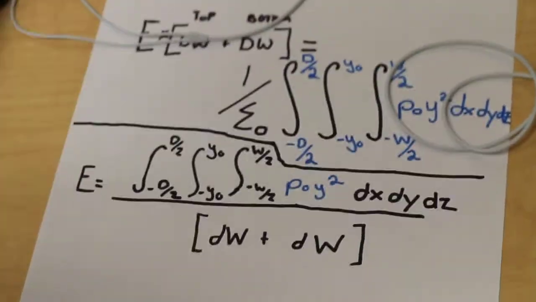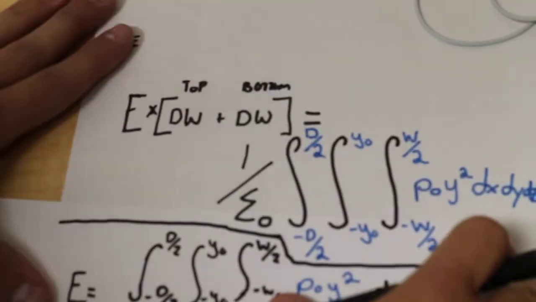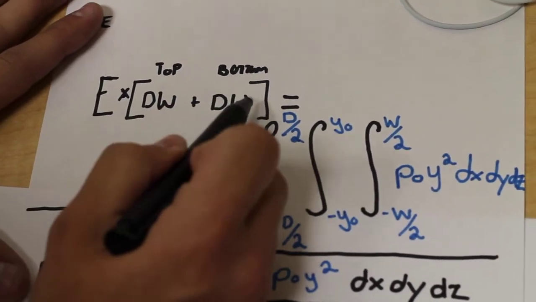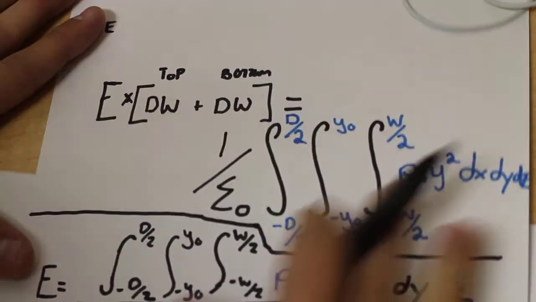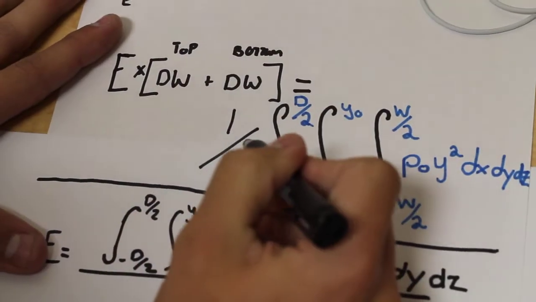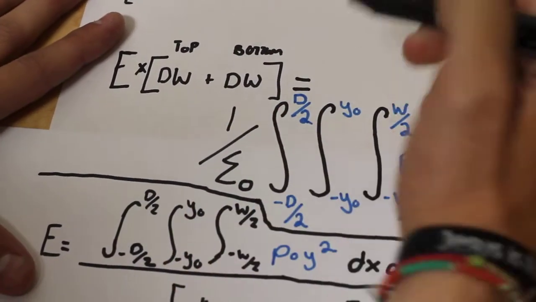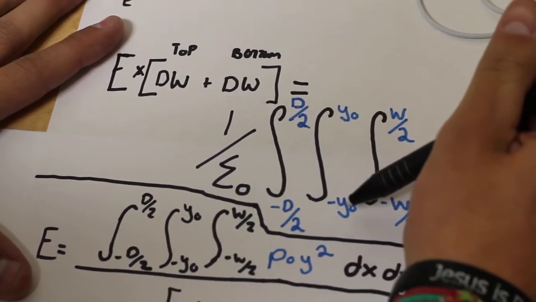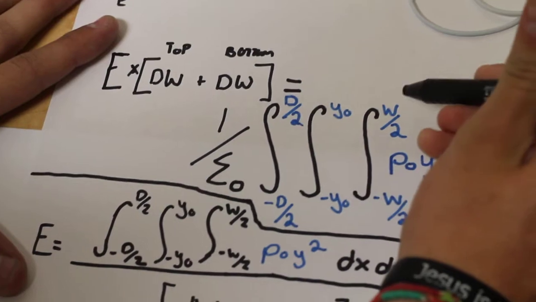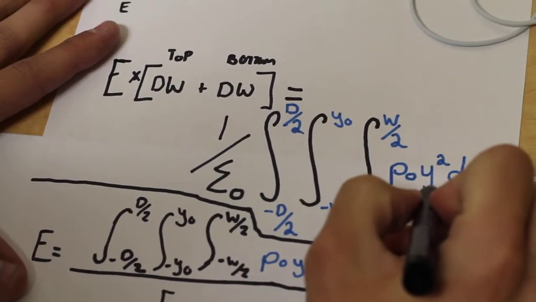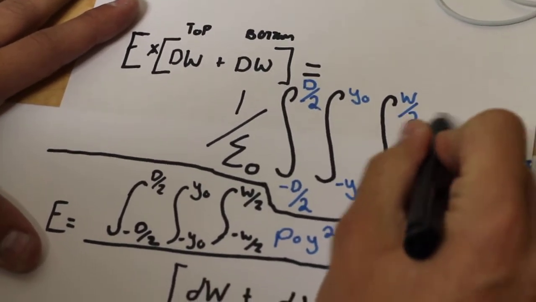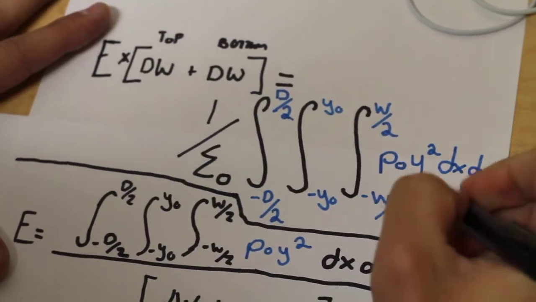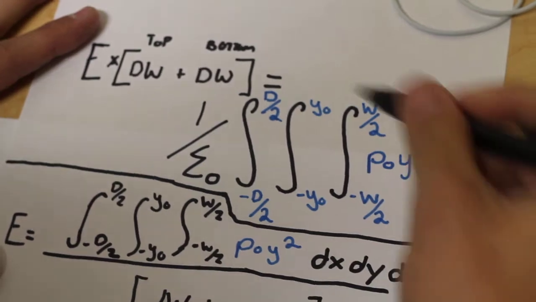Which brings us to the next part. We have our equation, E times the area of the top and the bottom of the square, since the sides are infinite and we can't take those into account, equals 1 over epsilon naught times the triple integral from negative d over 2 to d over 2, negative y naught to y naught, negative w over 2 to w over 2, of rho naught times y squared, which was the original equation, times dx, dy, dz, each respective to these corresponding limits.